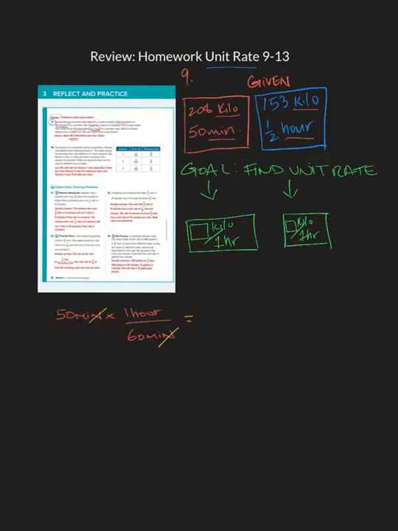So basically that's just 50 over 60 per hour. And then if you cancel those zeros out, you are left with 5 over 6 per hour. Okay. So now that we have 5 over 6 hours, right? This is the same thing as 50 minutes. 5 over 6 hour. Okay, that was not given. We had to figure that out. But we had enough information to figure it out.